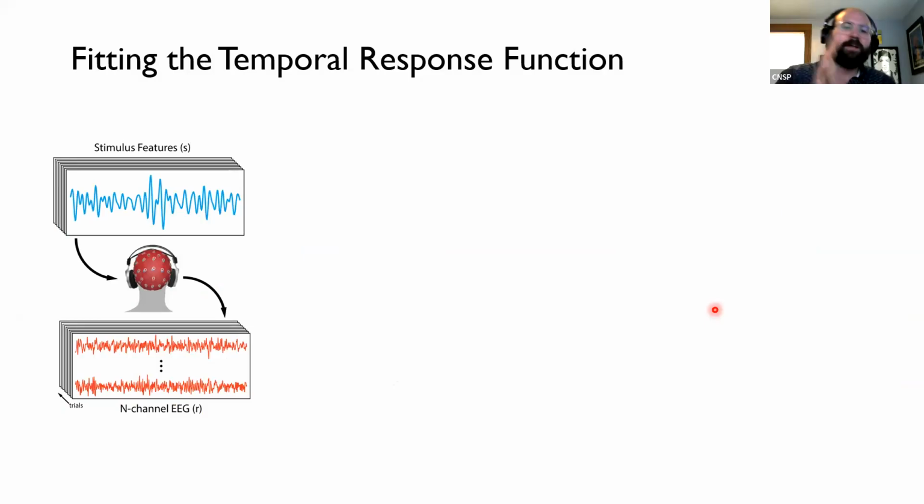But of course, we can't just fit and predict on the same data, because that would be hella overfitting. So what people end up doing for these sorts of experiments, and the data that we're going to use today is like this, is you'll have someone in an EEG cap that's just paying attention to some stimulus. In this case, it's going to be some audiobook, and they're just listening to audiobook chapters.